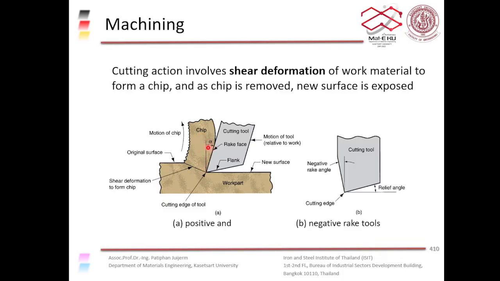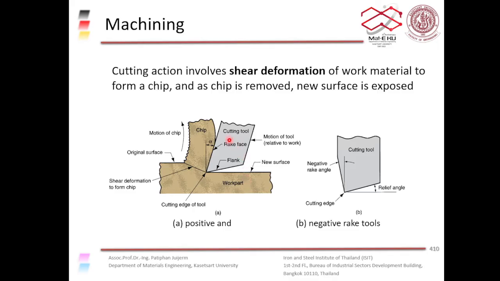This is a positive rake angle, and when you draw a line here, you have a negative rake angle. There are some advantages and disadvantages of positive rake and negative rake, but we're not going to go into too much detail on that.